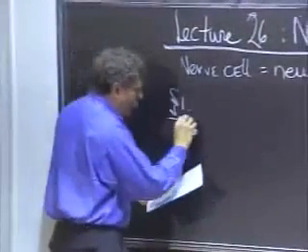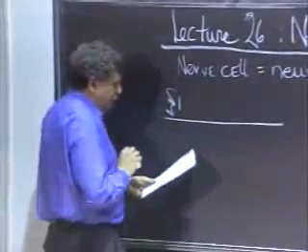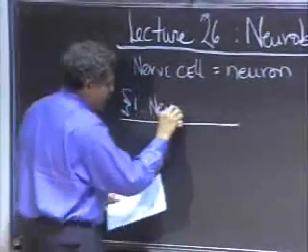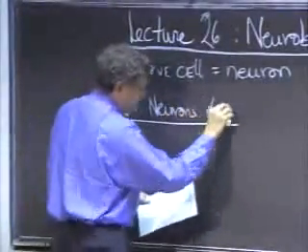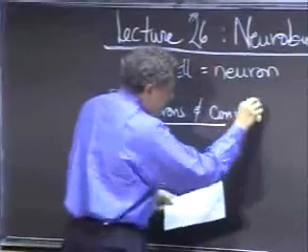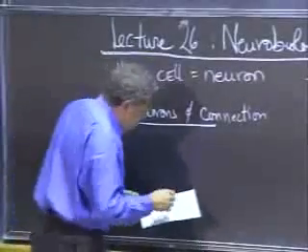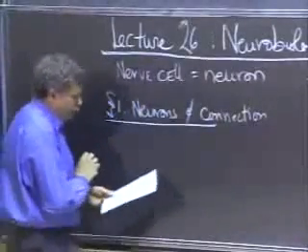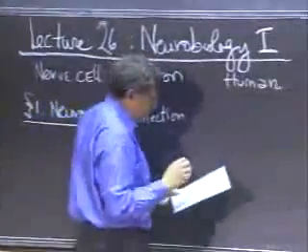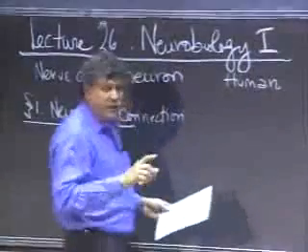And what does a typical neuron look like? So neurons and connections. A typical neuron, each of your 10 to the 12th neurons, makes contacts with other neurons.